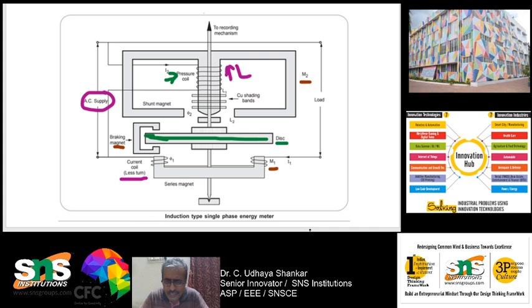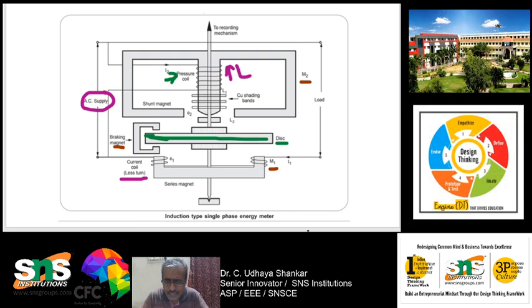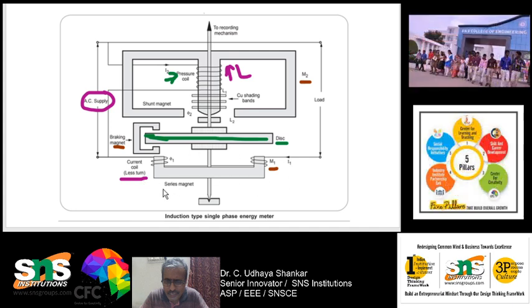So, those magnets are made up of silicon steel laminations. You can see one electromagnet, that is the M1 magnet, which is called a series magnet. Here it has been written as series magnet. This series magnet is connected in series, as you can see here, is it right?